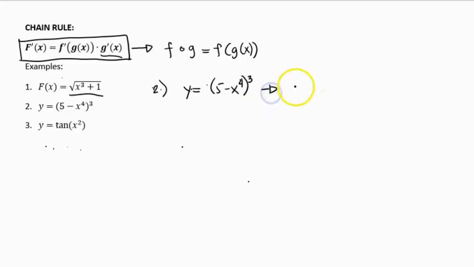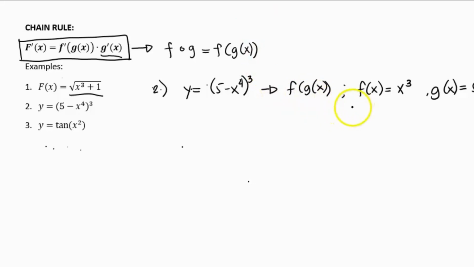Remember, this can also be written as a composite function f of g of x, where f of x is equal to x cubed and g of x is equal to 5 minus x to the 4th power. Our f prime here is equal to 3x squared, and our g prime is equal to 0 minus 4x cubed.